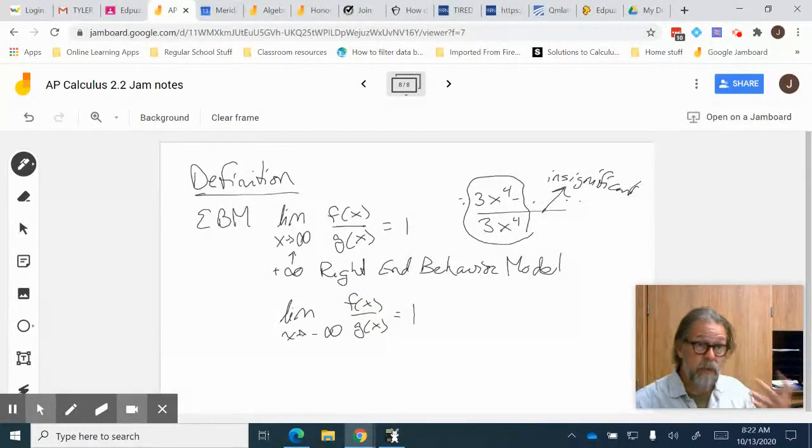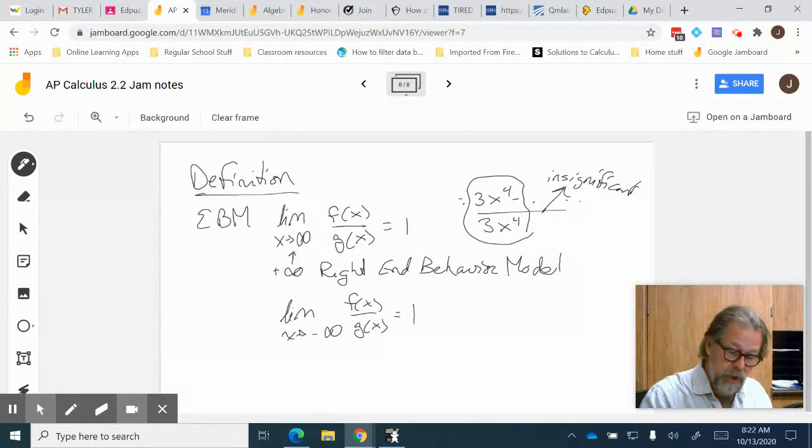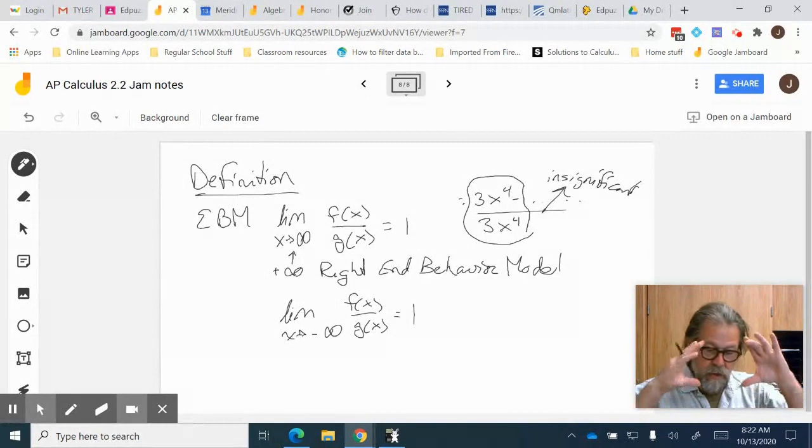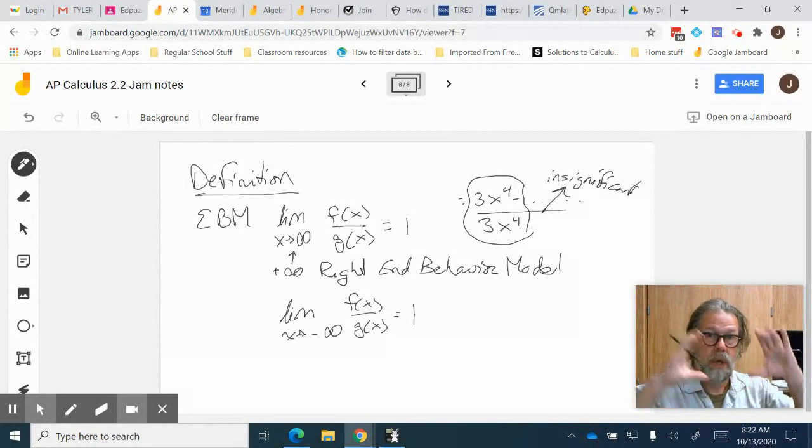Notice that it's never equal to negative 1. It's always equal to positive 1 because what we're looking at is, do they do the same thing? Not just one go up and one go down. Well, then that's not an end behavior model. They both go up, and if the ratio is equal to 1, then that's an end behavior model.